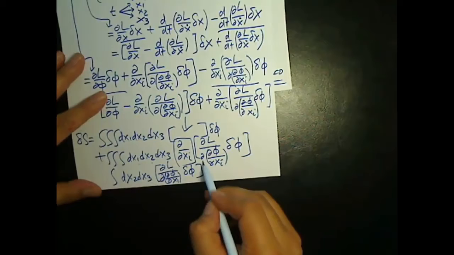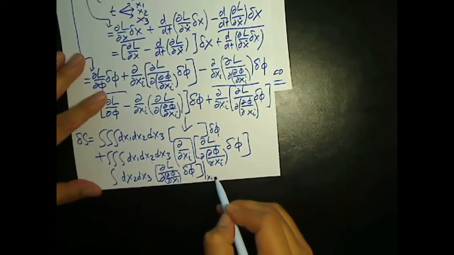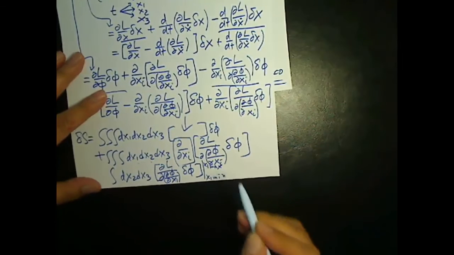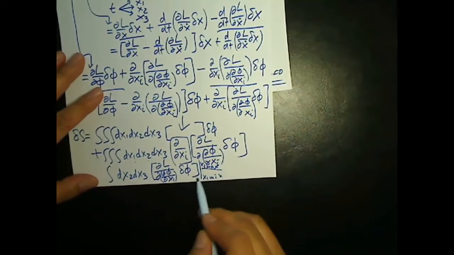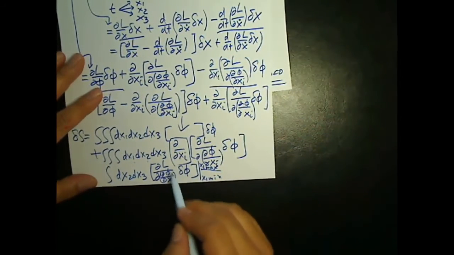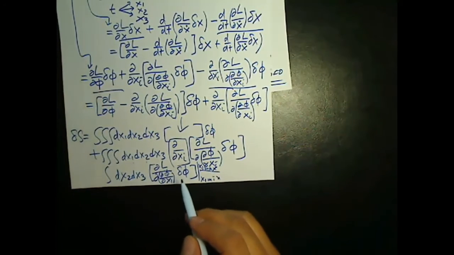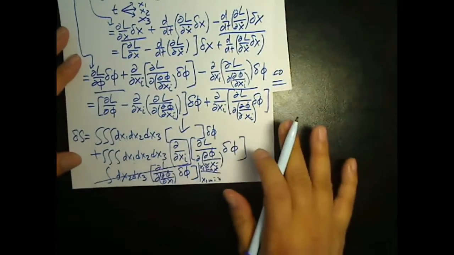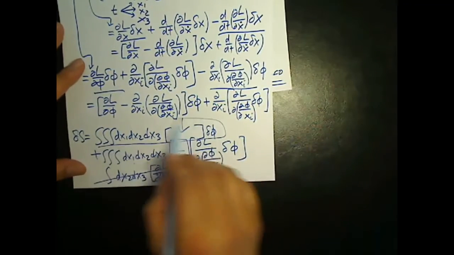But we have x1 min and x1 max. This means the boundary. On the boundary, we do not allow the variation of the potential, so this kind of contribution all vanishes. And the only thing left is this.